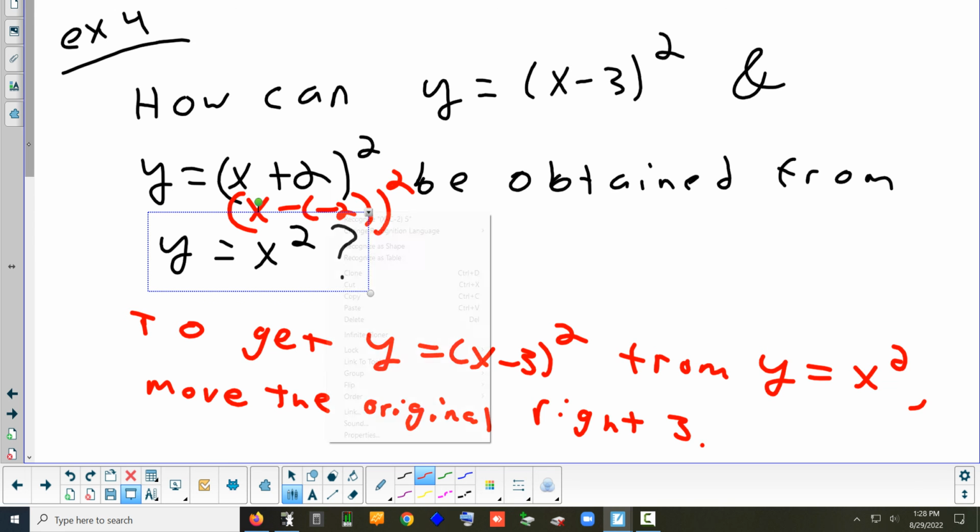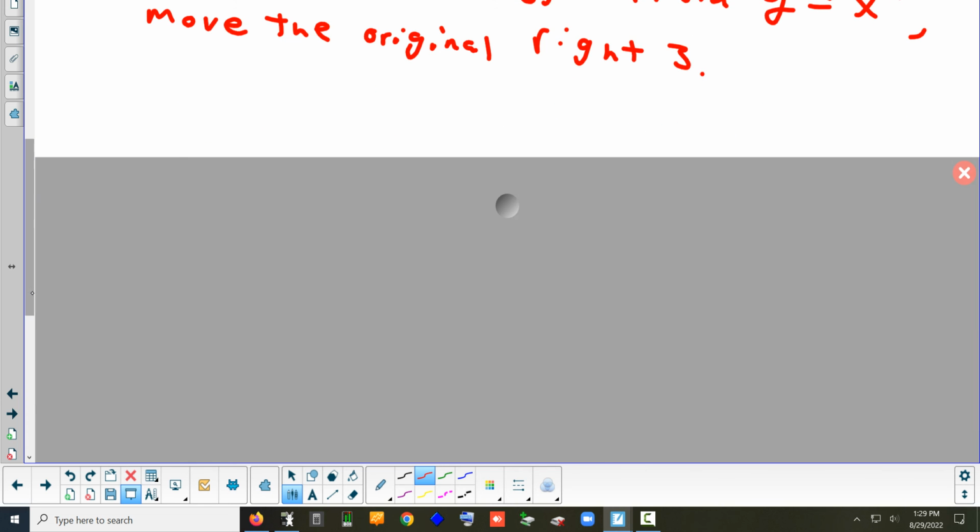That's a negative 2. Negative 2 means left 2. In this case, when I block the x minus, I see a positive 3. Positive 3 means right 3. So I write everything as x minus, block off the x minus, and look at the number that comes after. That's one way you can tell.